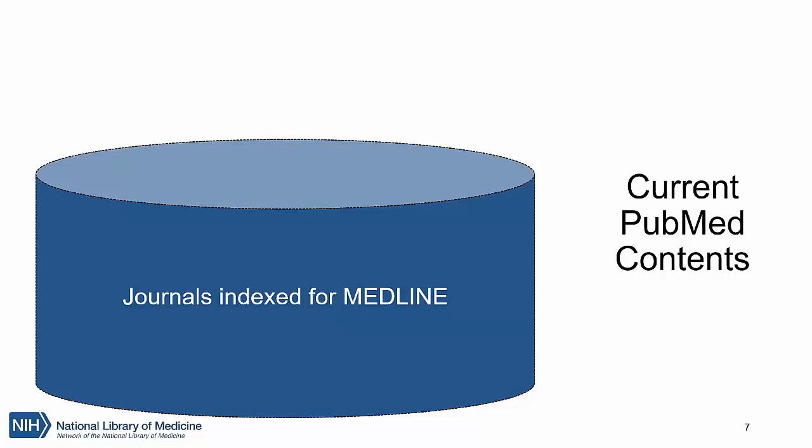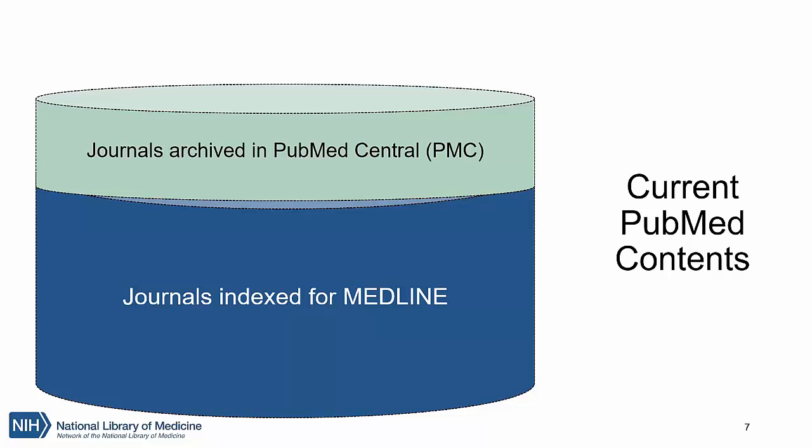Another component of PubMed is PMC, and today we'll discuss 3 different types of PMC content that appear in PubMed results, including archived journals, author manuscripts, and preprints. So first, PMC contains the full text for journals selected for the PMC collection.